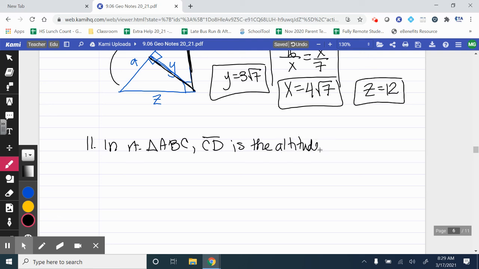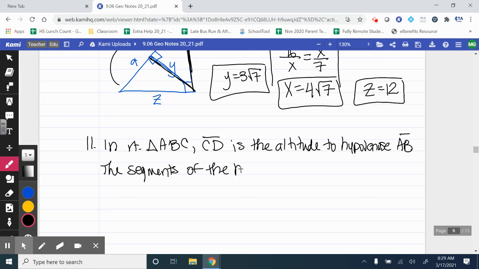altitude to hypotenuse segment AB. The segments of the hypotenuse AB are in a ratio of 1 to 4.